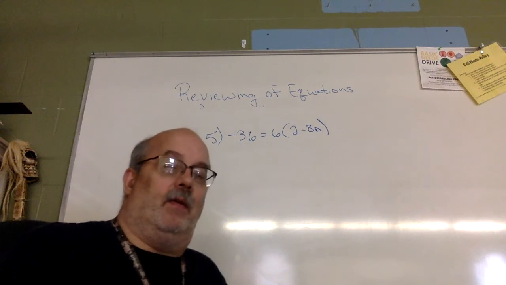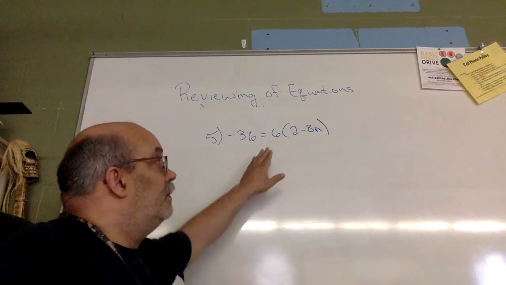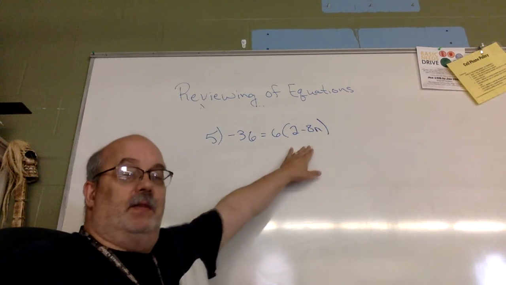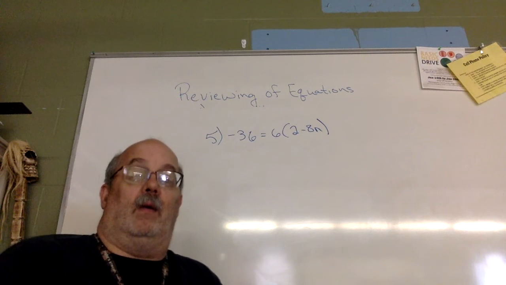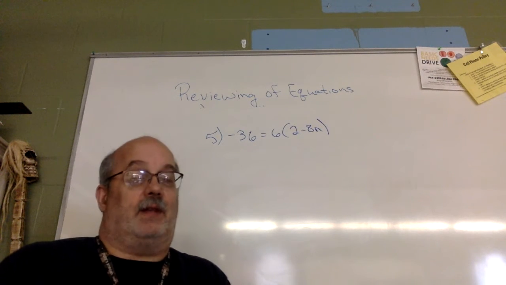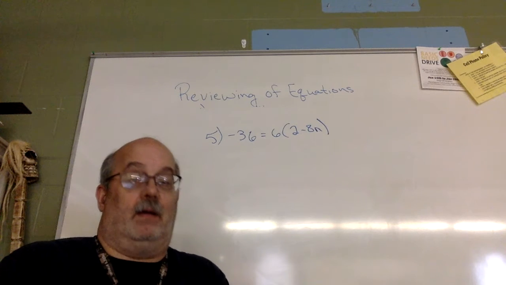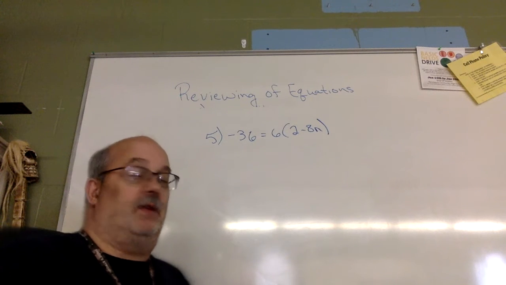I hope you remember your order of operations. First thing we need to do is what's in the parentheses. We have 2n minus 8. One of them has an n, the other one does not, so we cannot put them together. So our next step is to distribute.